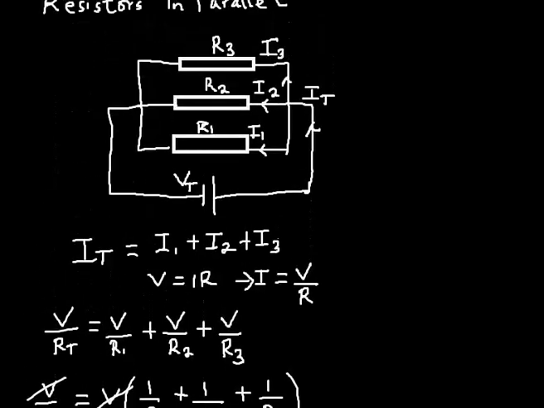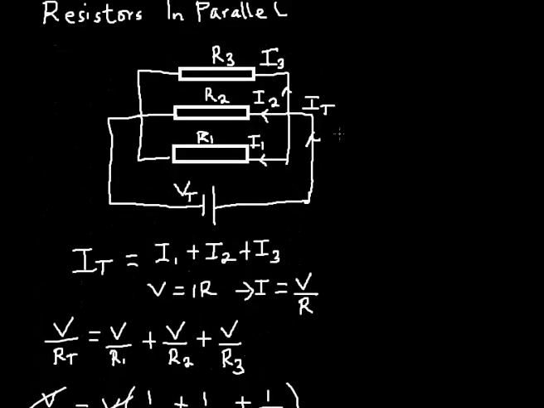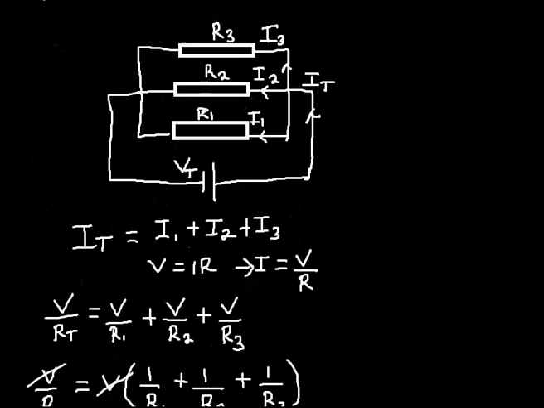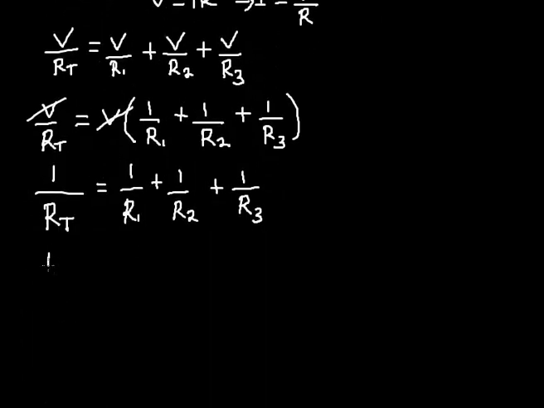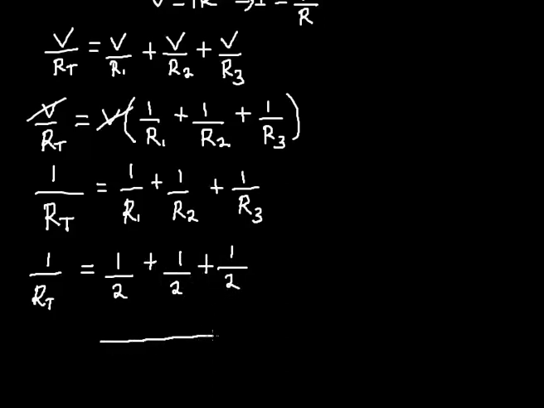Let's say the resistors are just 2, 2, 2, like before. Then 1 over RT will be 1 all over 2 plus 1 all over 2 plus 1 over 2. The LCM here is 2: 2 divided by 2 is 1, 1 times 1 is 1, and the same for each term.